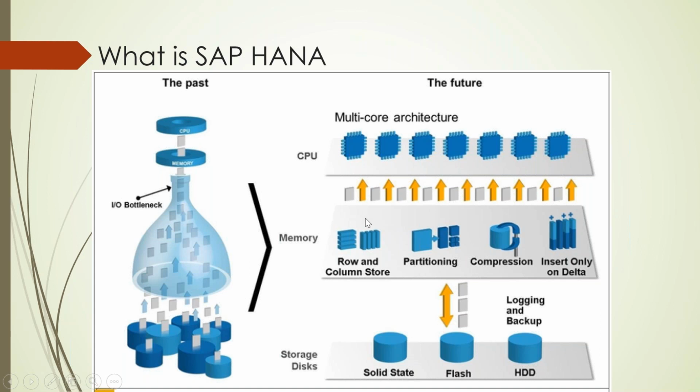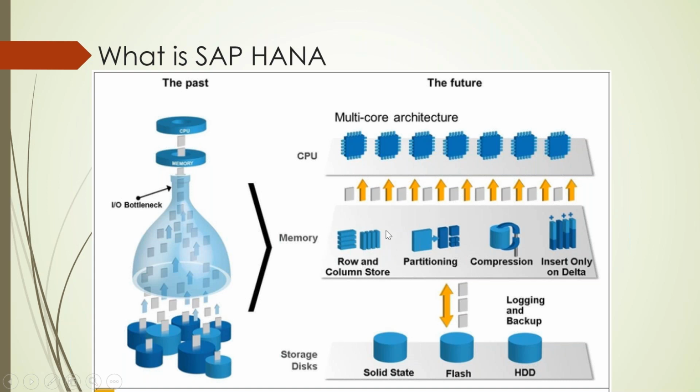Whenever you start the HANA database, the data is loaded from disk to the memory. Whenever you stop the HANA database, the data is copied from memory to disk. Basically the disk is required for logging and backup purposes, in case the HANA database crashes. How will you restore, because the memory is a temporary container?